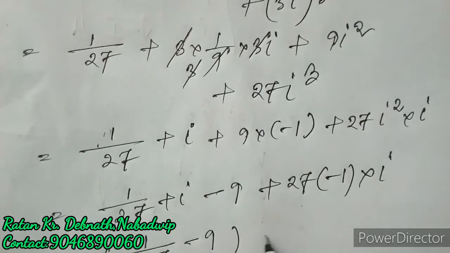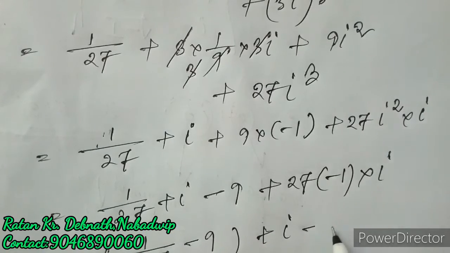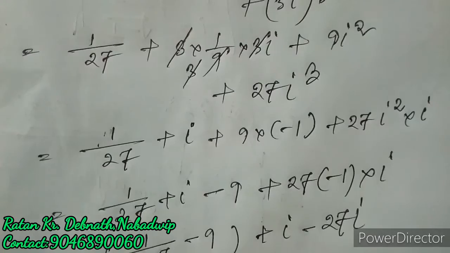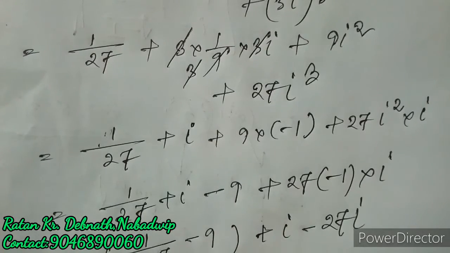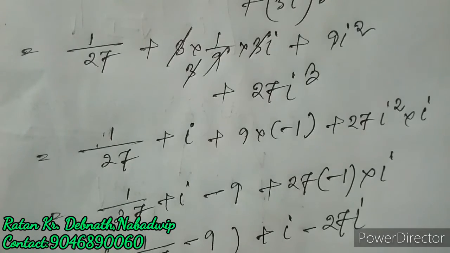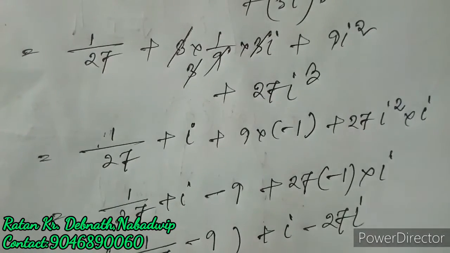So 1 by 27 minus 9 plus i minus 27i, which gives 1 minus 243 by 27 minus 26i, so minus 242 by 27 minus 26i.